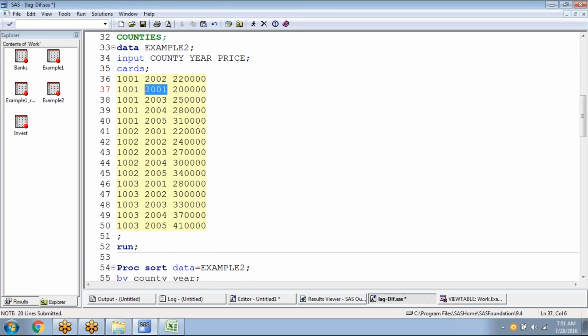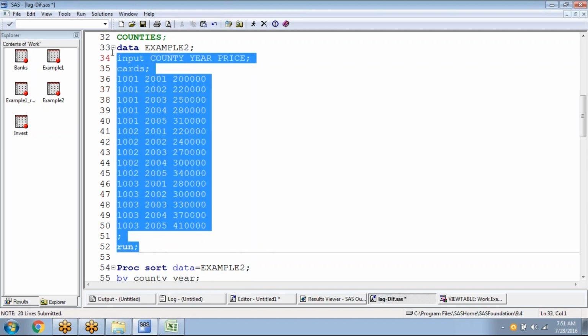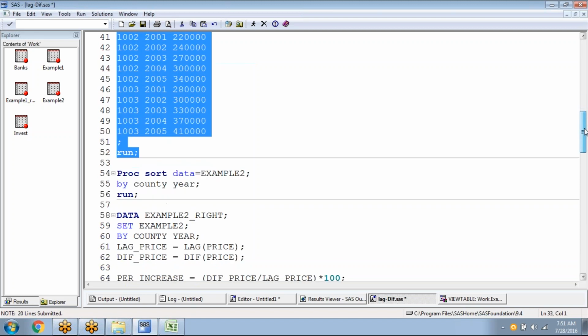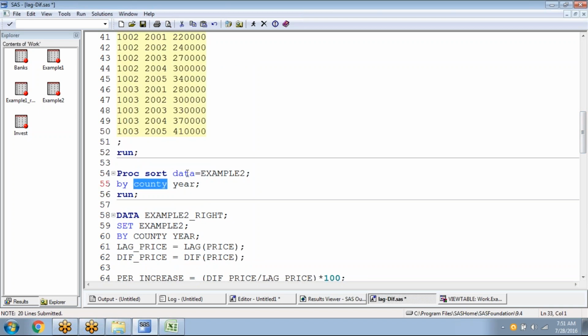No, because in the second record you have 2001 year information, and in the first record you have 2002 information. You cannot take the difference of these two. It's wrong again. So you have to make sure you are sorting the input data set whatever you are using for your calculation. I have to sort based on county and year.